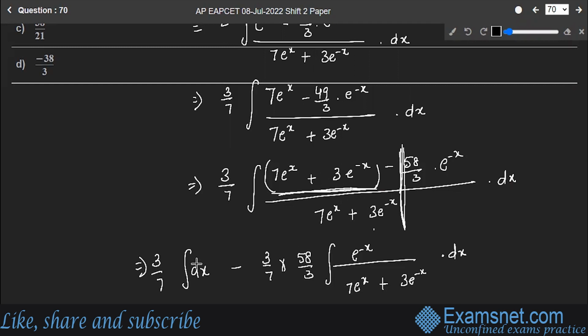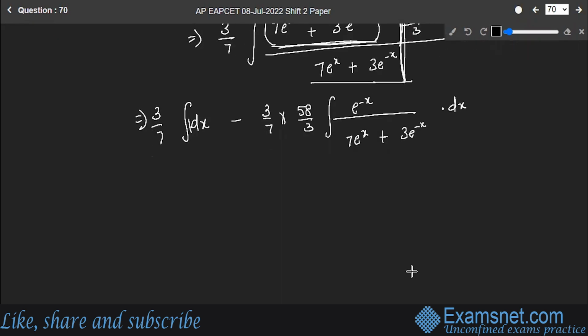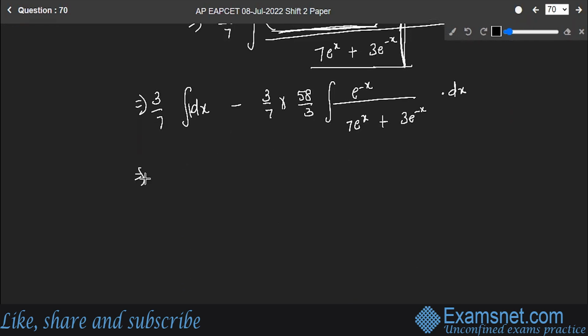The first one will be 1 into dx and the second one will be 3/7 into 58/3 times e^(−x) upon (7e^x + 3e^(−x)). So this will become 3/7. Now the integral of 1 is equal to x. I'll write it as such. And here you will have this cancellation and no further cancellations are there. So this will be minus 58/7.